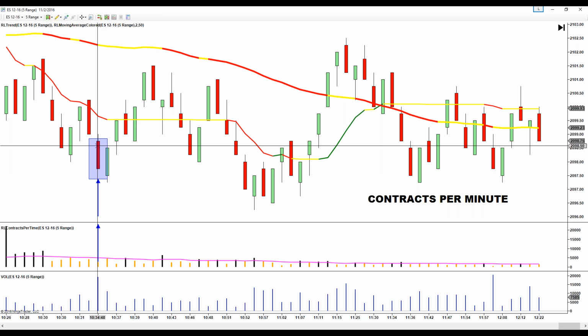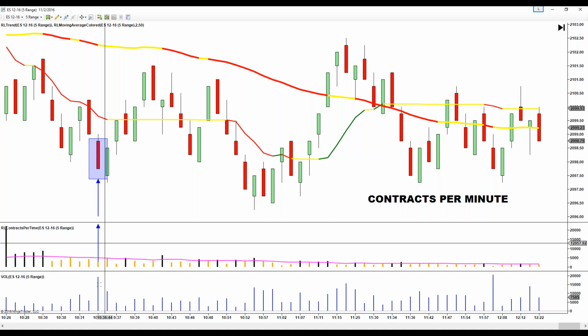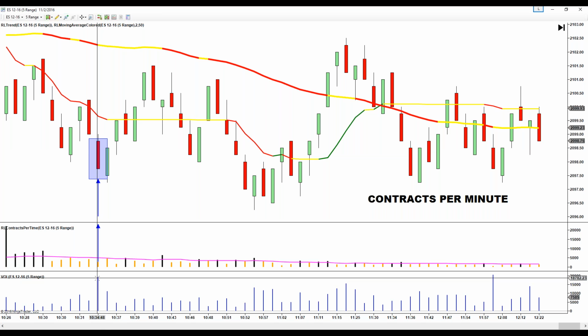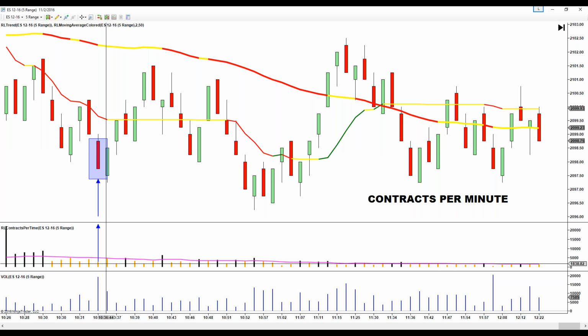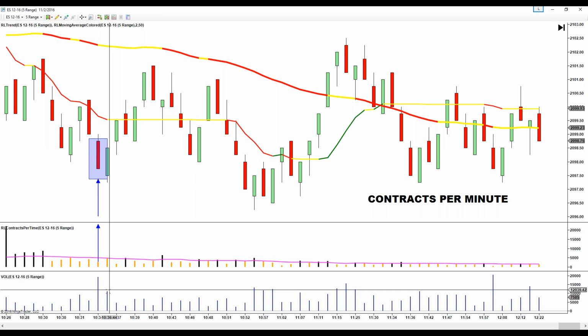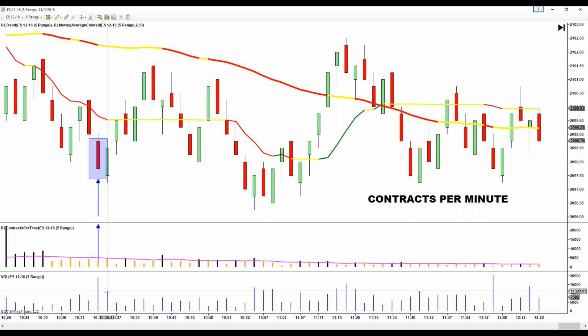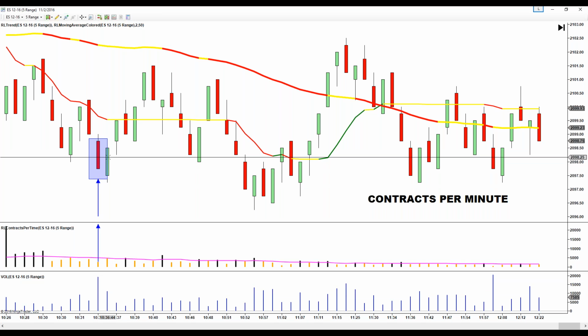So say that a huge amount of volume accumulates in this candle and it's reflected in this spike. But this candle moves, forms, and closes rapidly so that only a small amount of volume has a chance to accumulate.